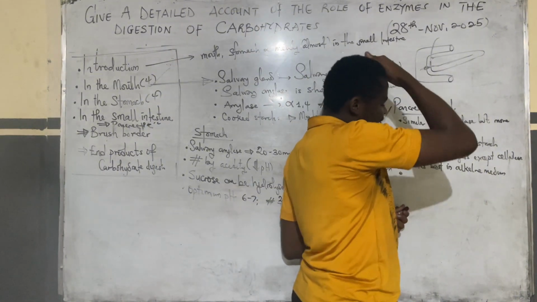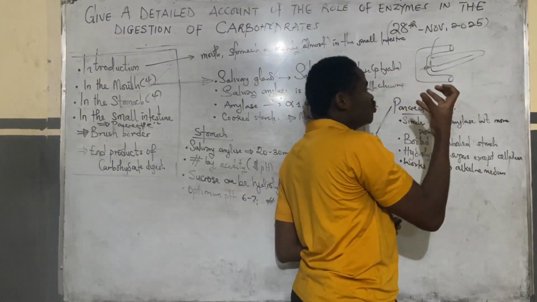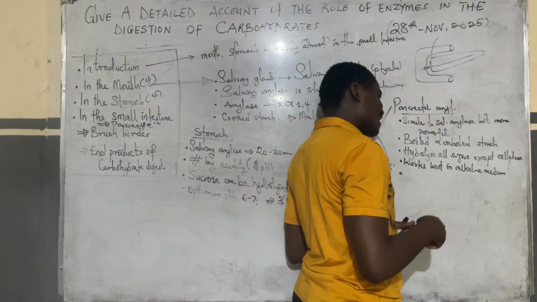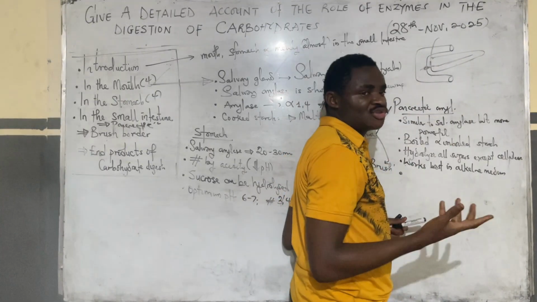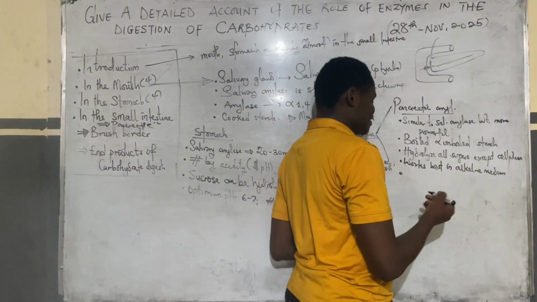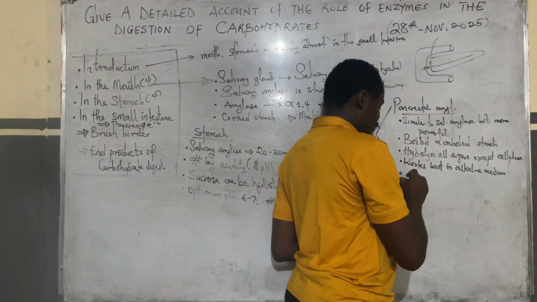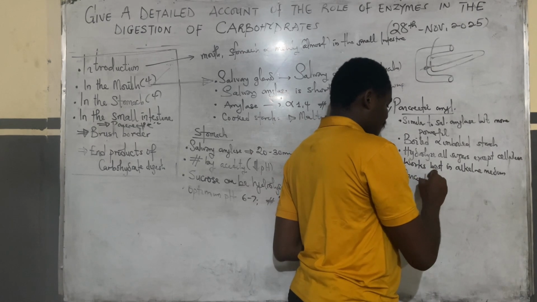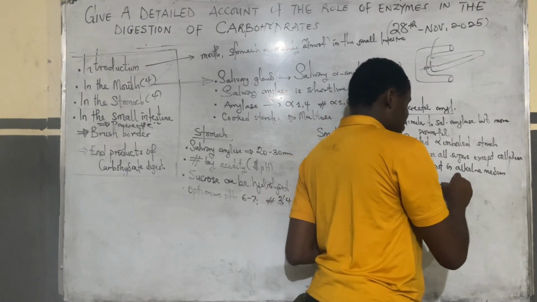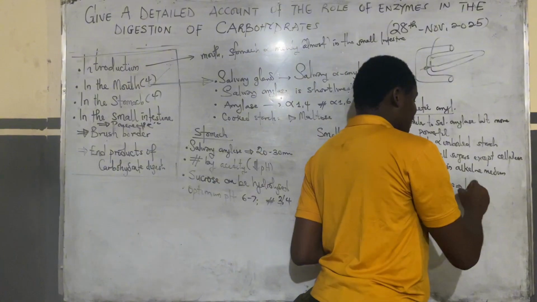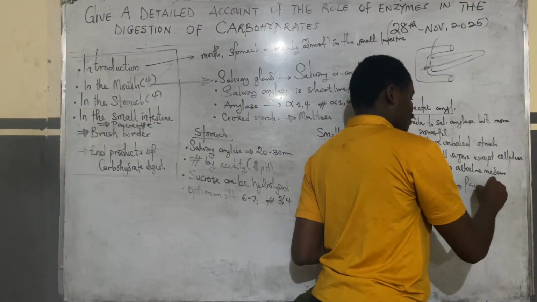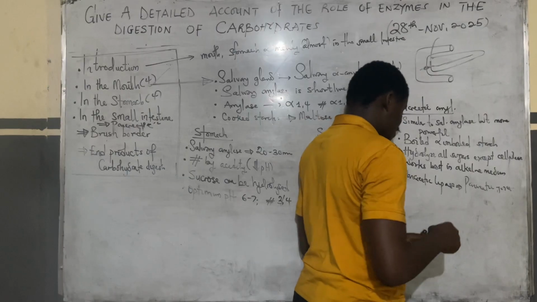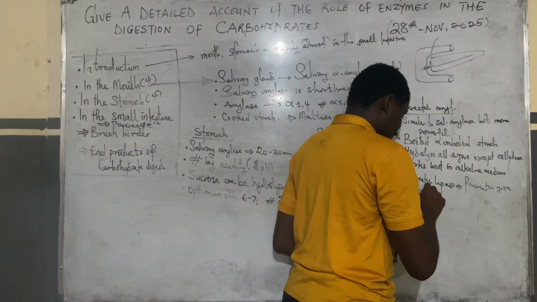So what I'm saying is that pancreatic juice is part of this and is poured into the second part of the duodenum, and that is where pancreatic amylase happens to be. So pancreatic amylase came into the small intestine, the duodenum, when pancreatic juice was poured into the duodenum.